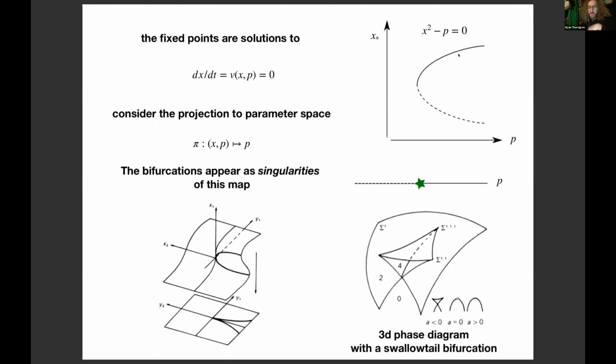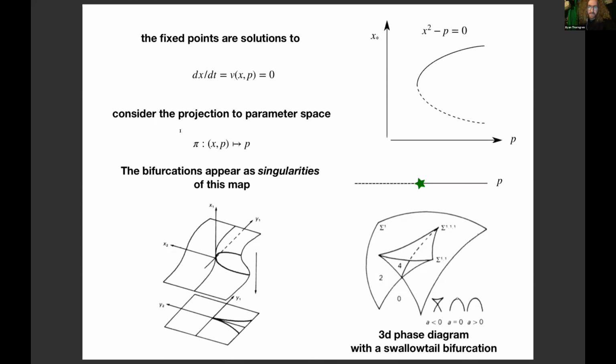So for instance, in the saddle node bifurcation, where the model was dx/dt equals x squared minus p, the fixed points are solutions to this equation, x squared minus p equals 0, which we can think about as these points being the solutions to that equation in the xp plane. Right, it's this parabola. Now, what I want to do is consider a mathematical projection.